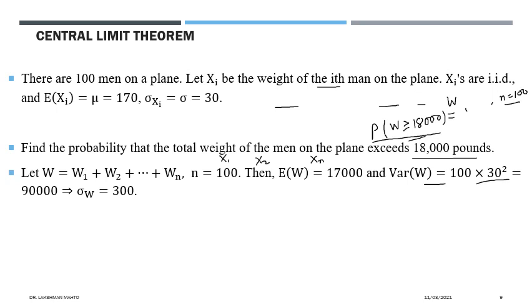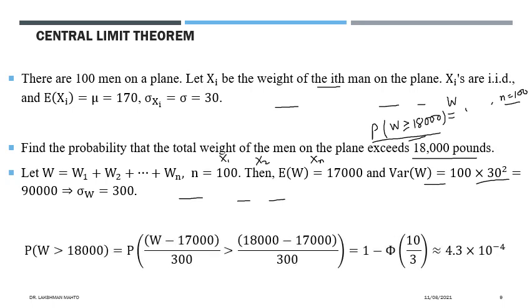Likewise, we can also calculate the variance due to the independent nature. The variance of W would be 100 times the square of 30, which is 90,000. Hence the standard deviation of W is 300. We got all the required things in order to find the distribution of W. To calculate the desired probability, what is the probability that W is greater than or equal to 18,000?